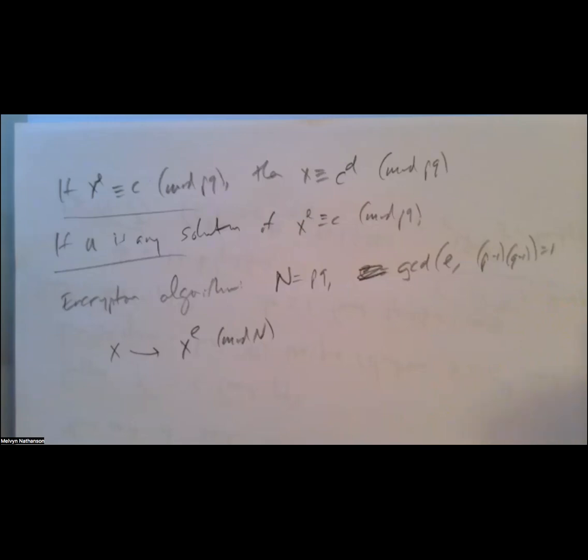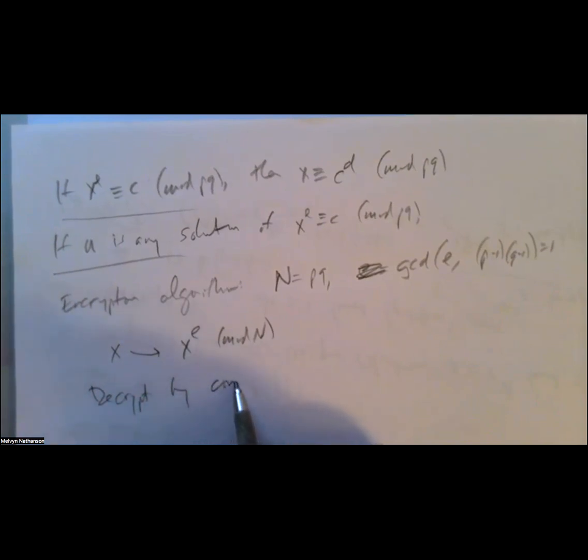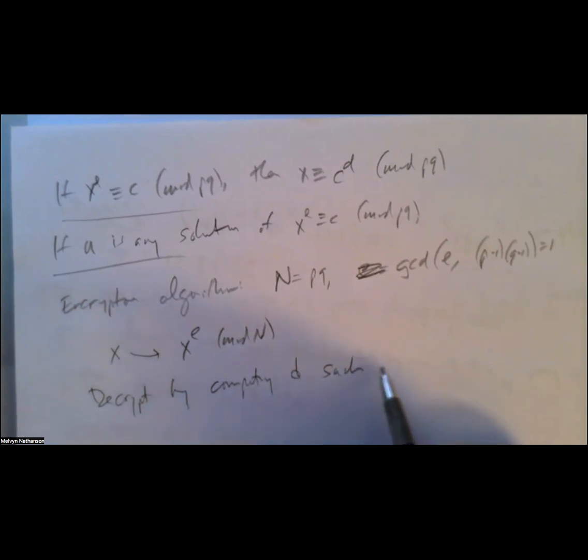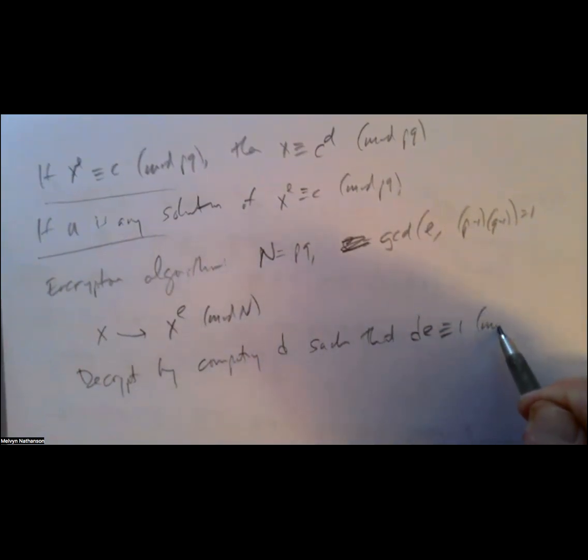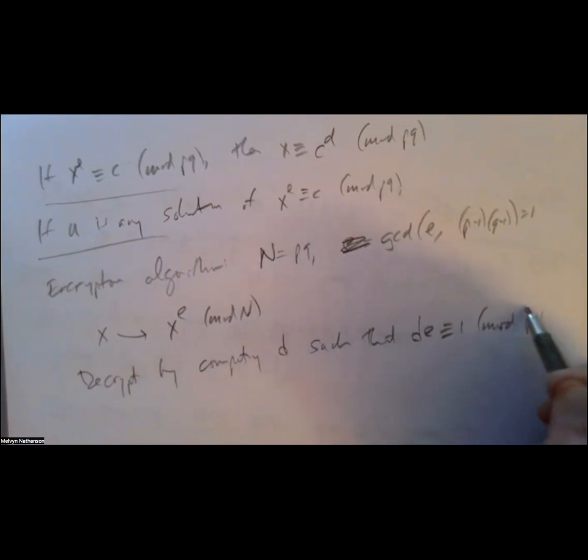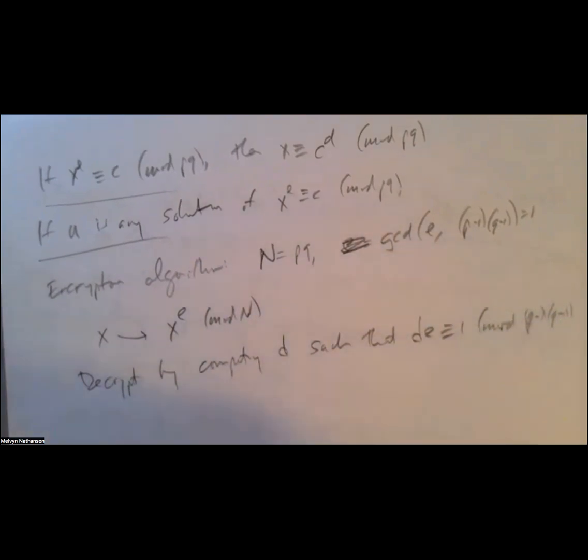And you decipher this, decrypt, by computing d such that de is congruent to 1 mod p minus 1 q minus 1.